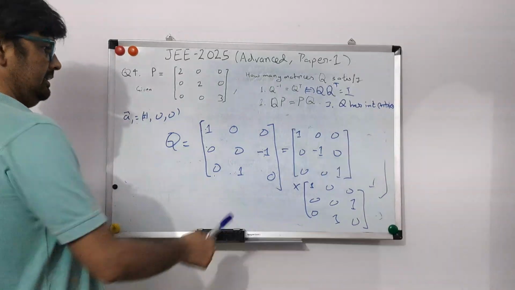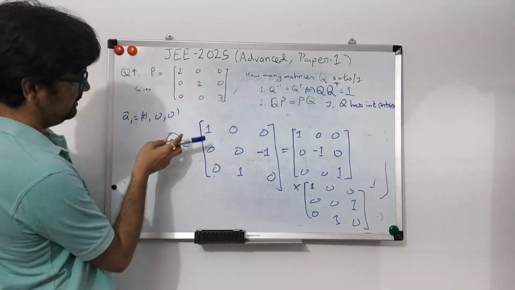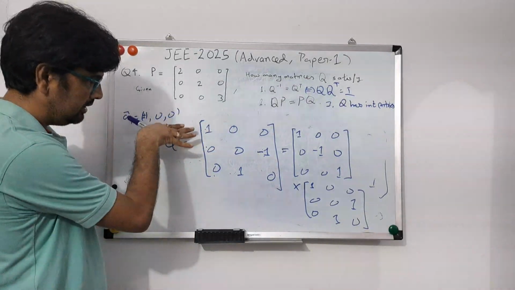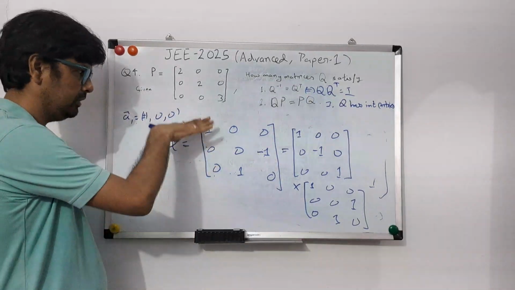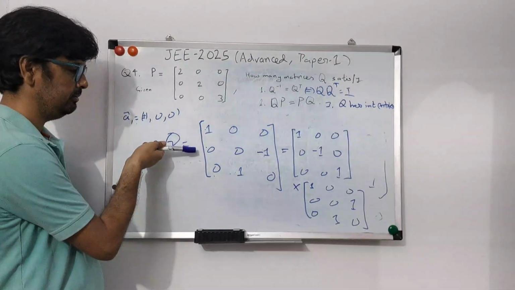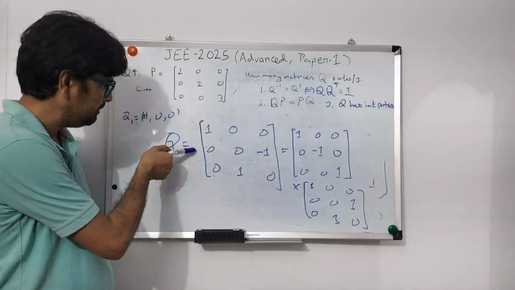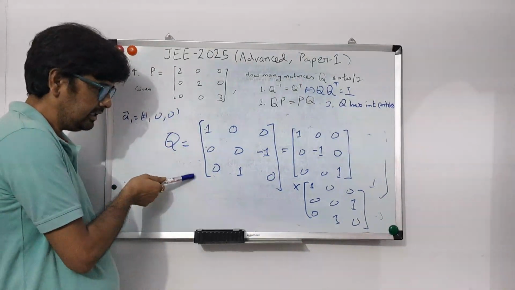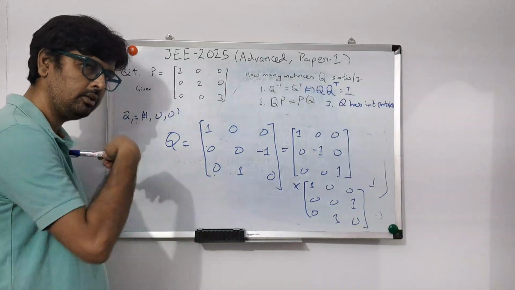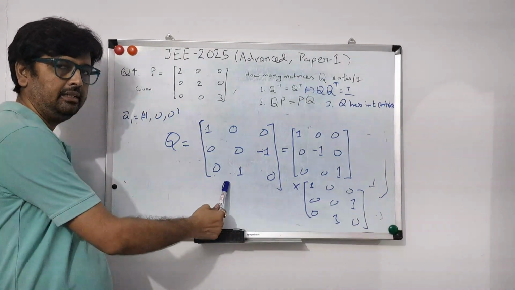So for any possibility of sign, there are 8 possibilities for plus and minus 1 signs. The first row may be positive or negative, the second row may be positive or negative, and the third row may be positive or negative. By a row being positive or negative, I mean the non-zero entry of that row being positive or negative.